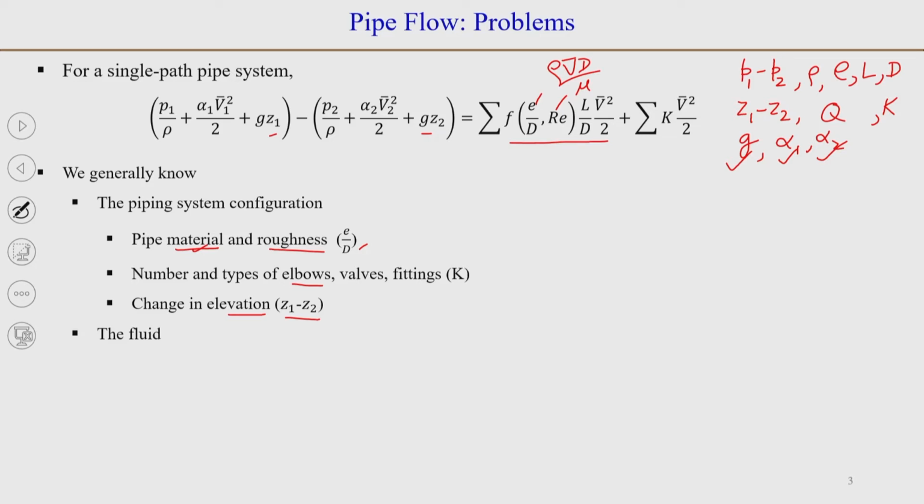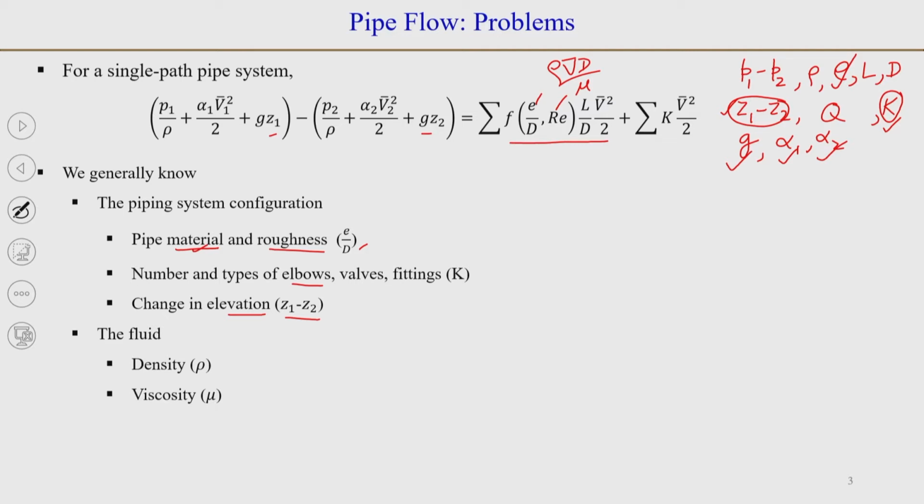And then let us see what are the factors that we already know. Knowing the piping configuration, we know Z1 and Z2, knowing how many elbows, etc., what type of inlet is there, where the fluid is going, we will know the value of K for different components, and then we will know what the roughness is.